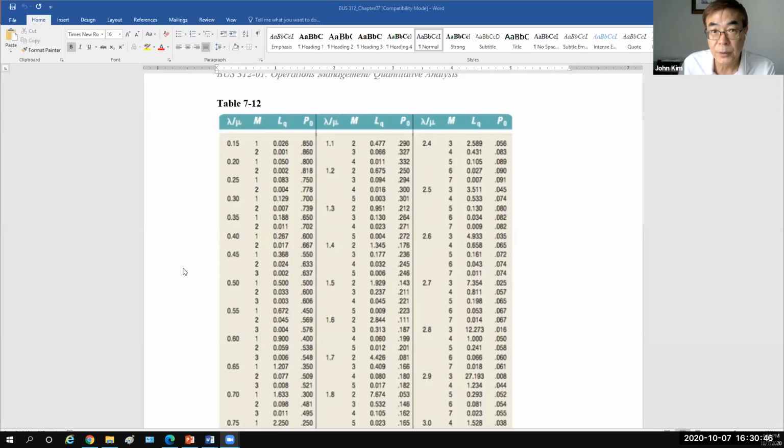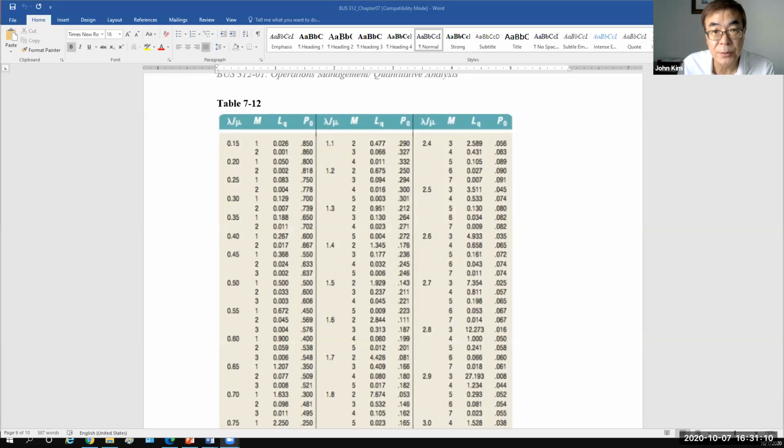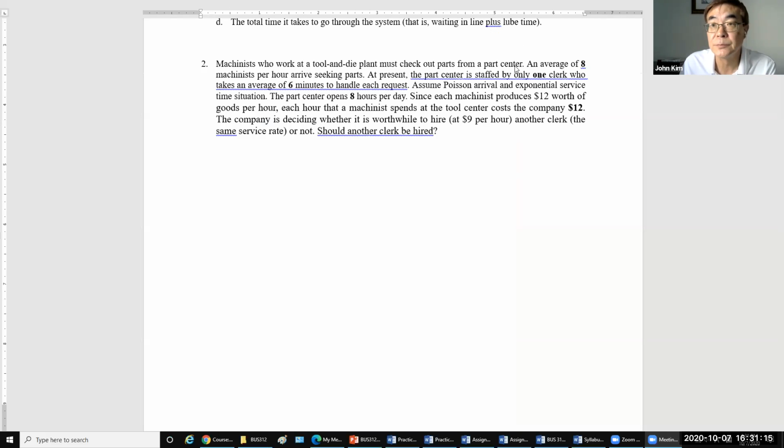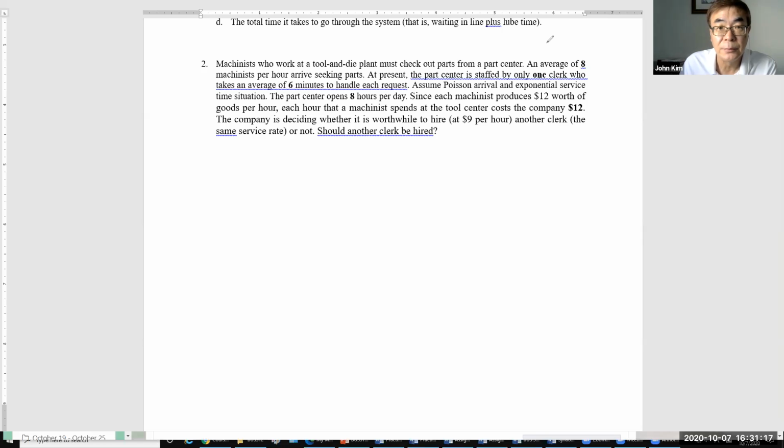Now we need LQ and the number of servers, but if the utilization rate is low, then still we can get LQ for one channel like this. So we need LQ first. Oh, it's gone. Do it again.